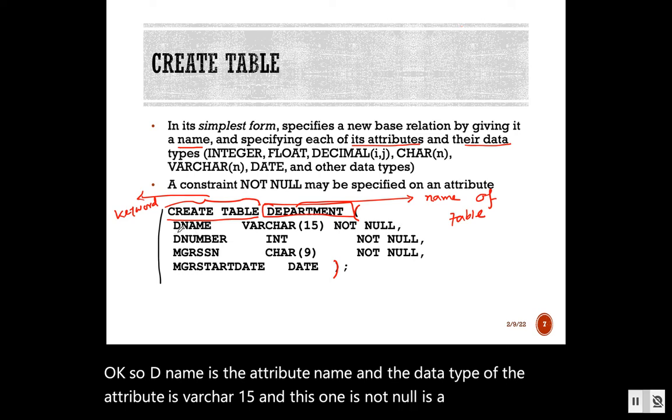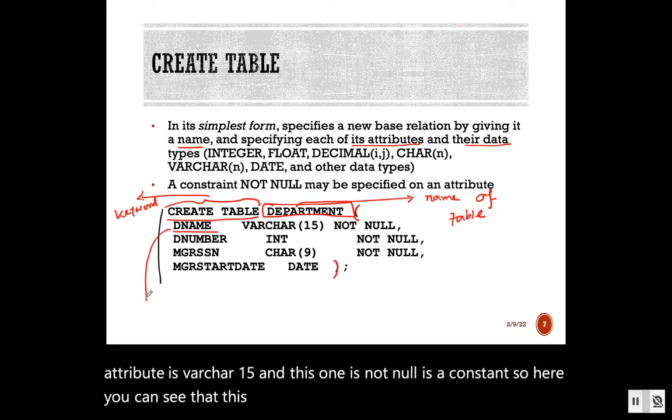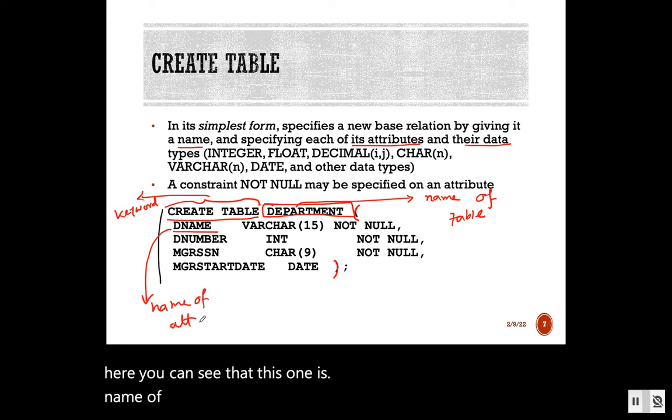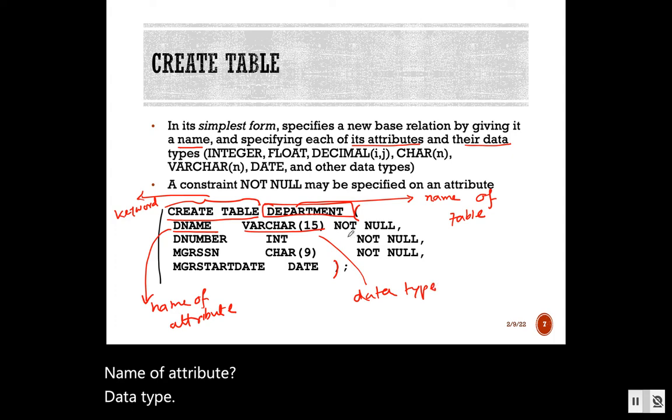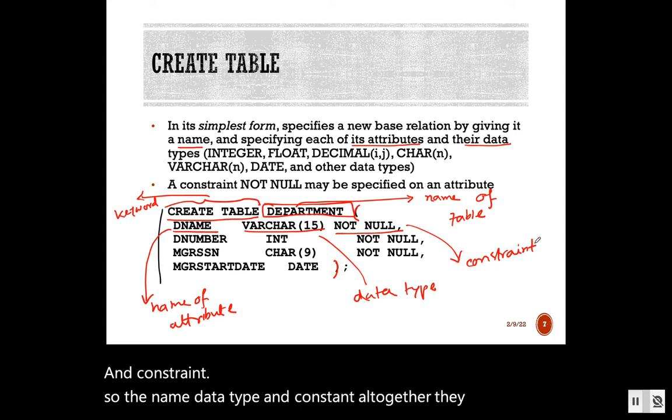So here you can see that this one is the name of the attribute, the data type, and the constraint. So the name, data type, and constraint all together define one complete attribute.